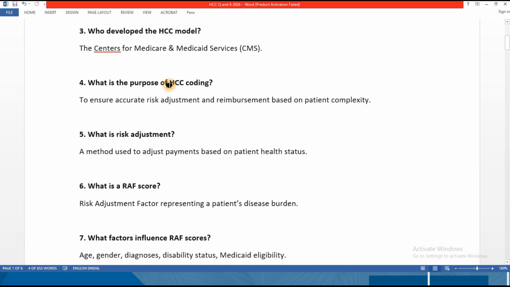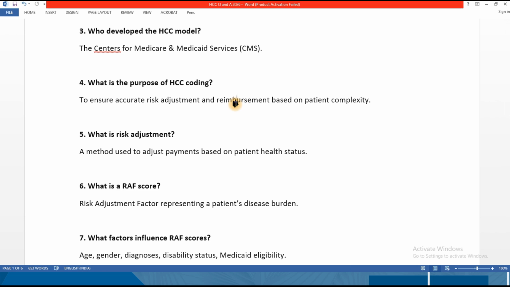The purpose of HCC coding is to ensure accurate risk adjustment and reimbursement based on patient's complexity. Okay, so basically this model will adjust the physician reimbursement based on the patient's complexity.